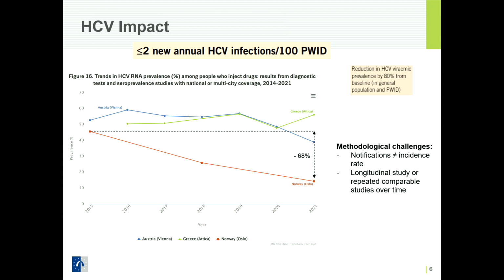And as you see, we do not have many data regarding this indicator. We have 3 countries, namely Greece, Austria, and Norway, providing some trends over time. And Norway has almost reached the target with a 68% reduction in viremic prevalence among their population of people who inject drugs.